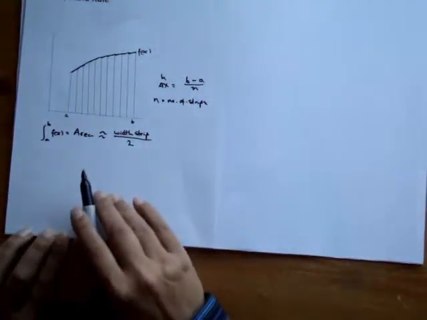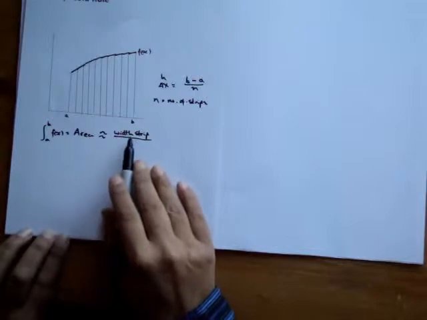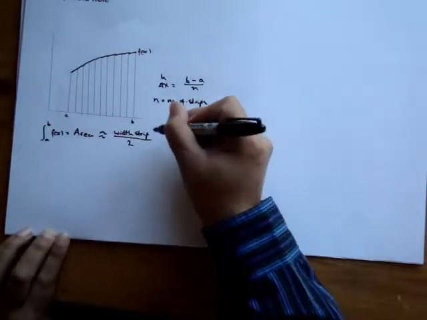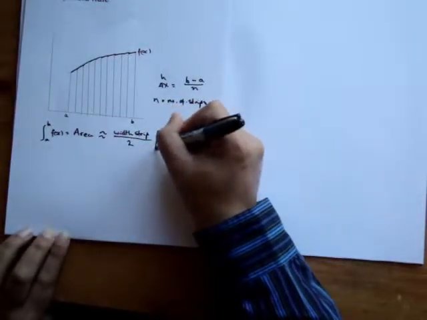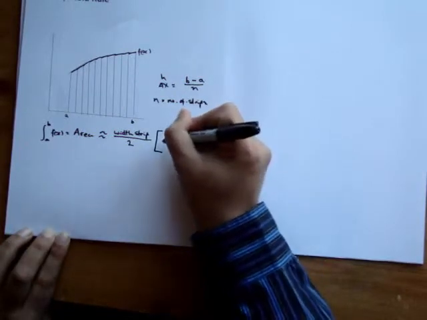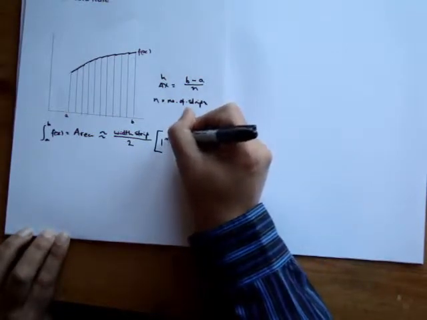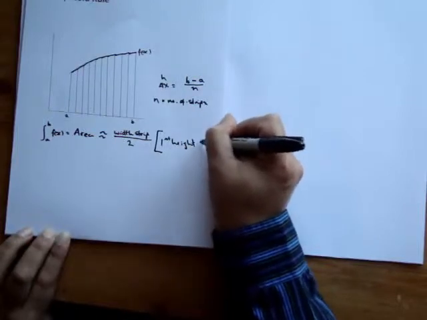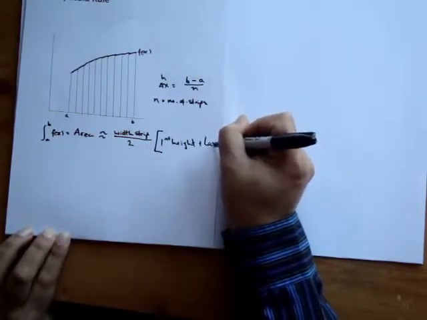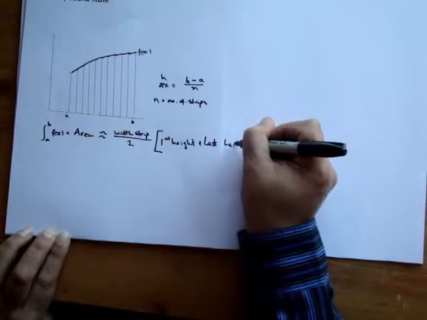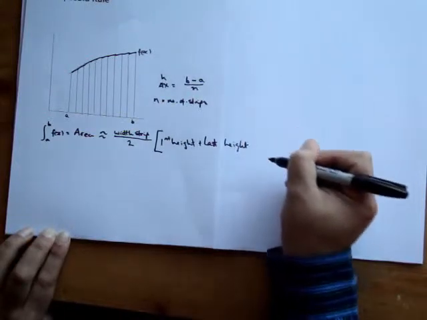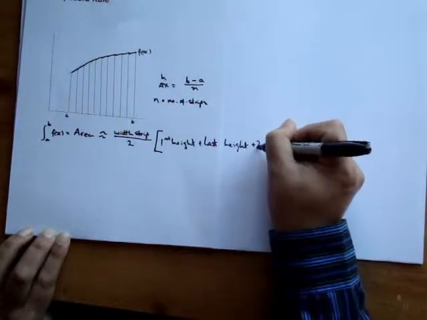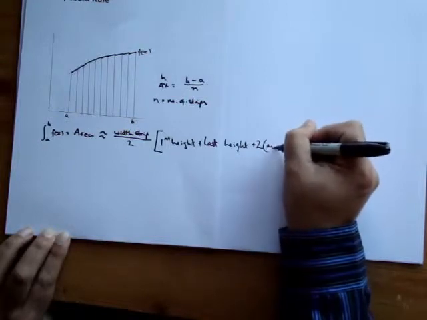Okay, so back to the trapezoid rule. So it's the width of the strip divided by 2, and then we multiply this by the first height plus the last height plus 2 times the middle heights.